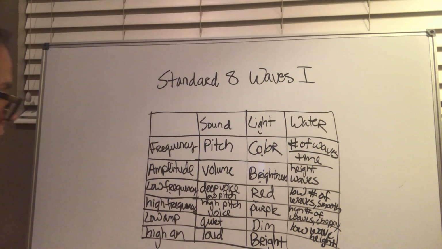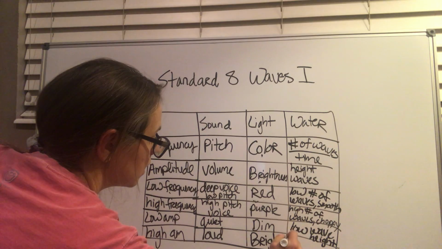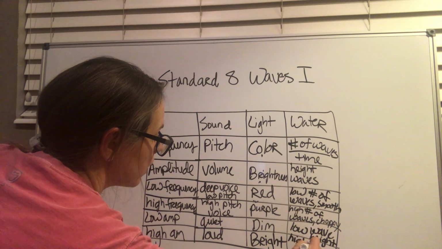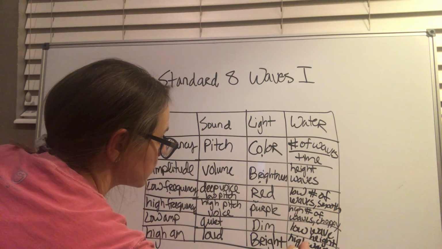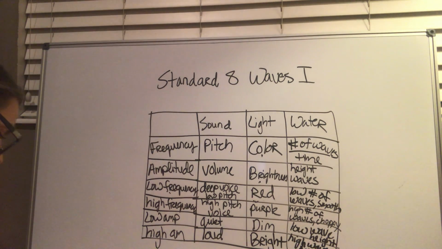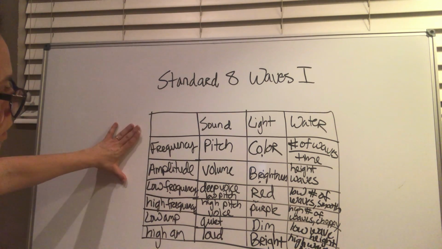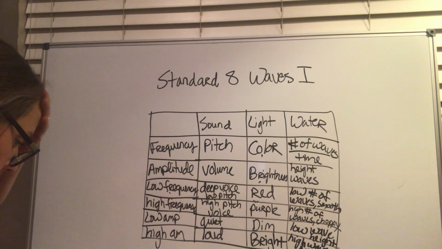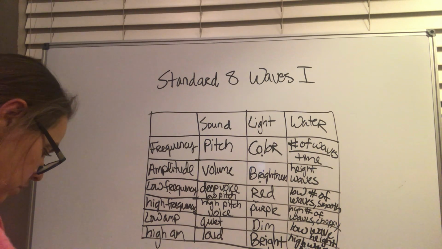And then for waves, this is just a high wave in height. Very large. Okay, so that basically straightens it all out for us. You need to understand that to answer the questions.